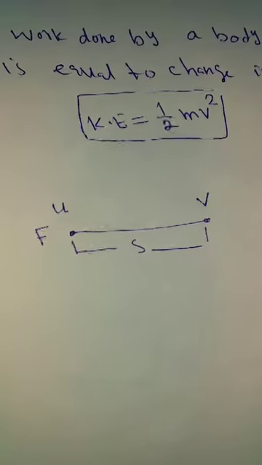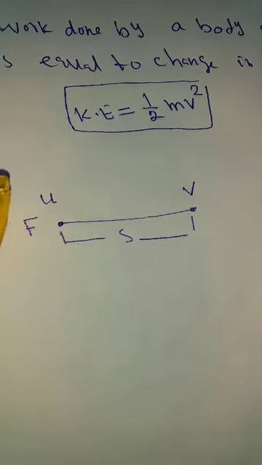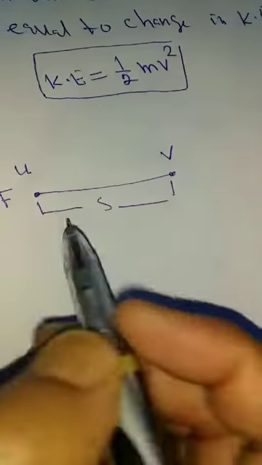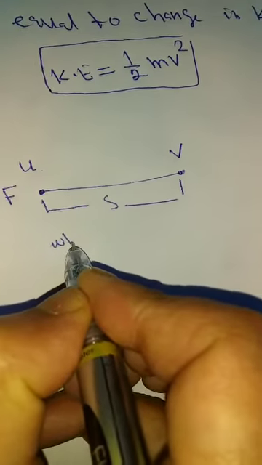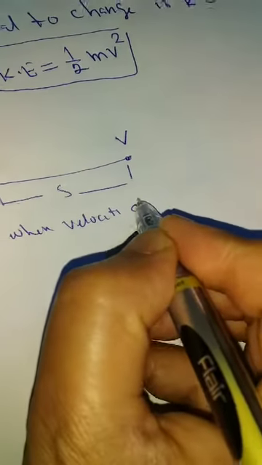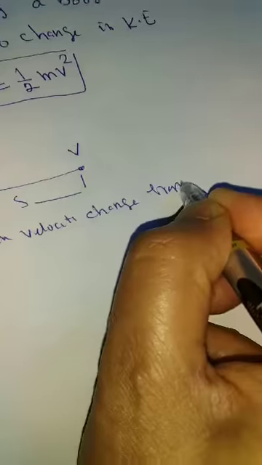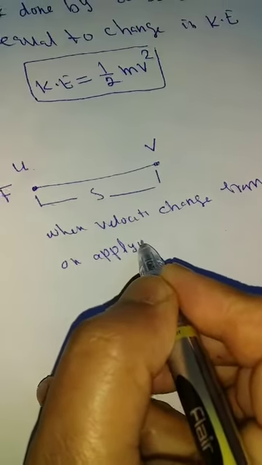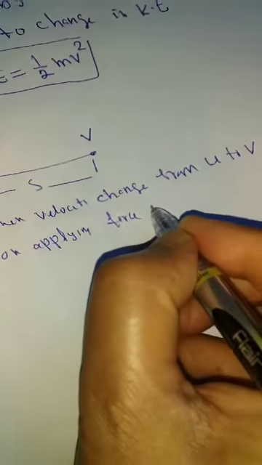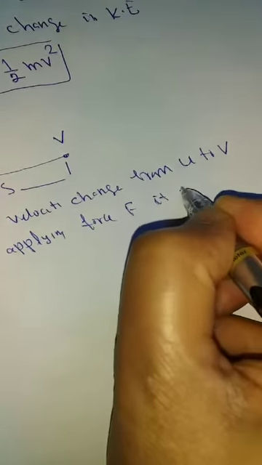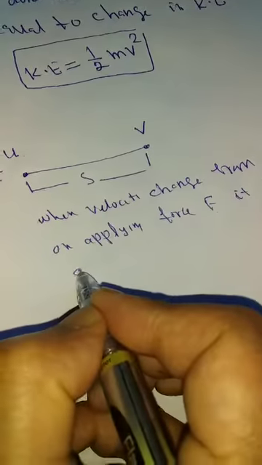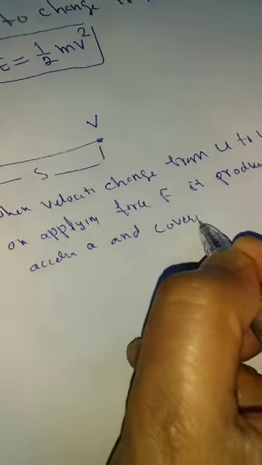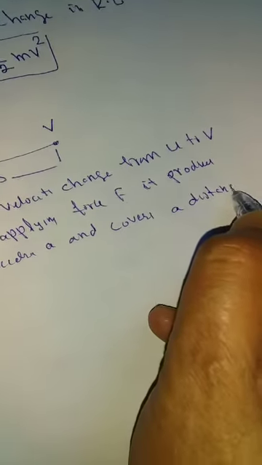Its velocity can also be decreased, that is another case. But here we suppose its velocity increases from initial velocity u to final velocity v. When the velocity changes from u to v on applying force F, it produces an acceleration a and covers a distance S. I hope you have got it.